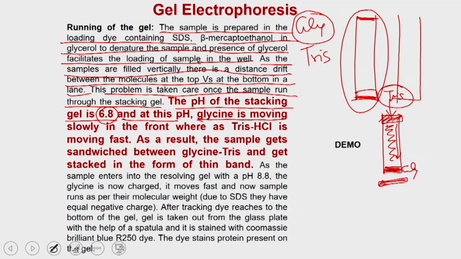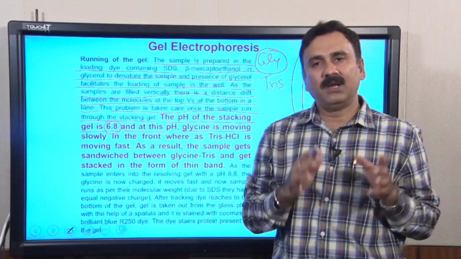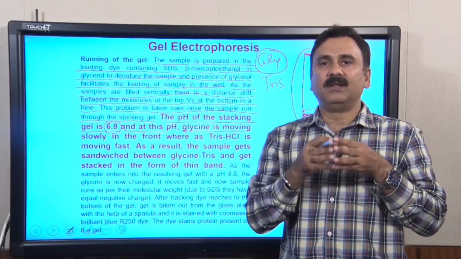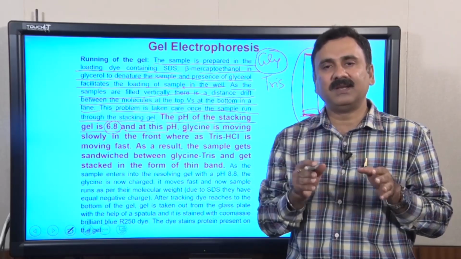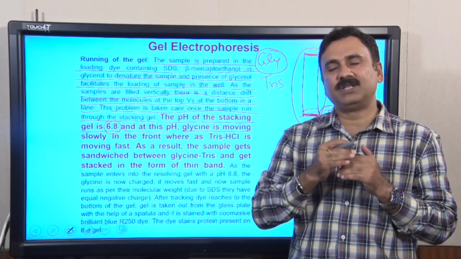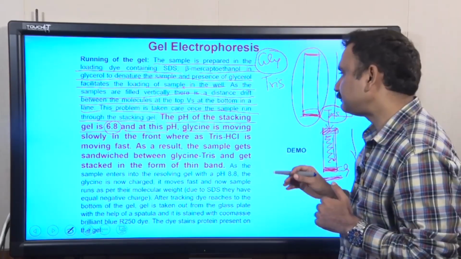This process of stacking the sample so that it forms a thin line is called stacking, and that is why this gel is called the stacking gel. The importance of the stacking gel is that it reduces the distances between the molecules because of the well being in the vertical direction.